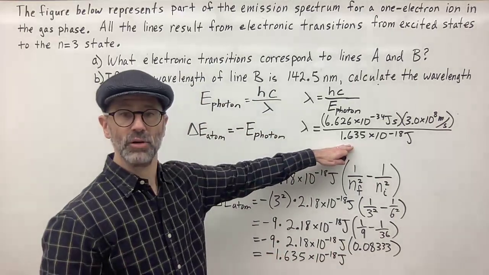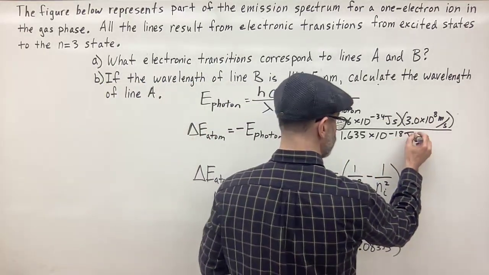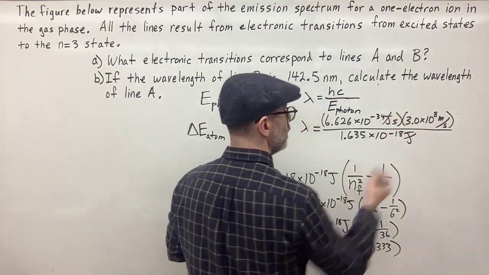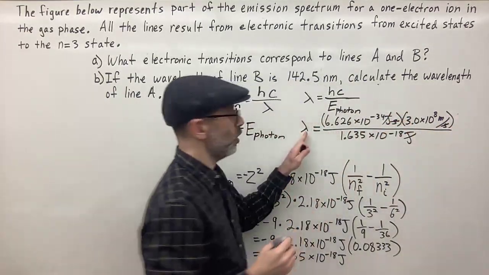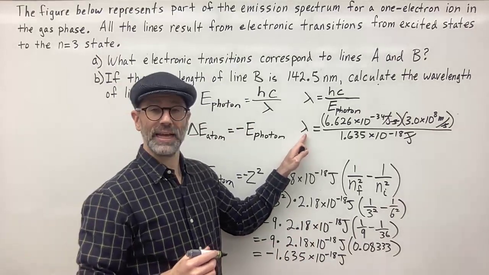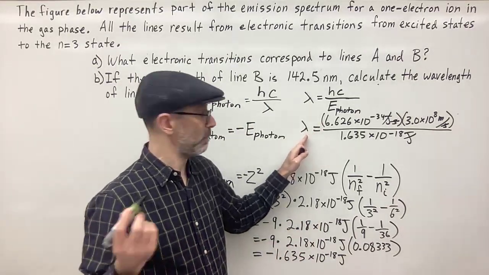Now notice the joules are going to cancel out. Seconds are going to cancel out. We're left with meters, which is a measure of length, and we're looking for wavelength. So it matches.